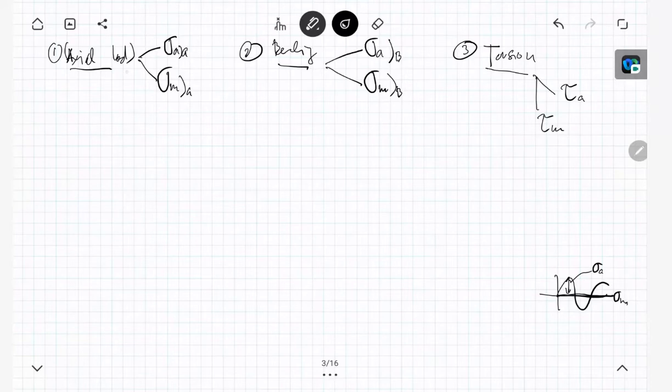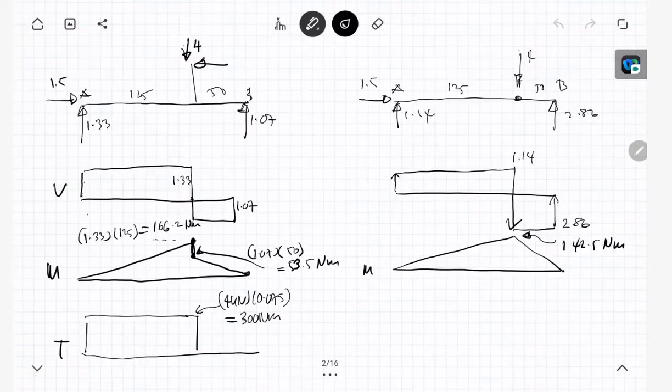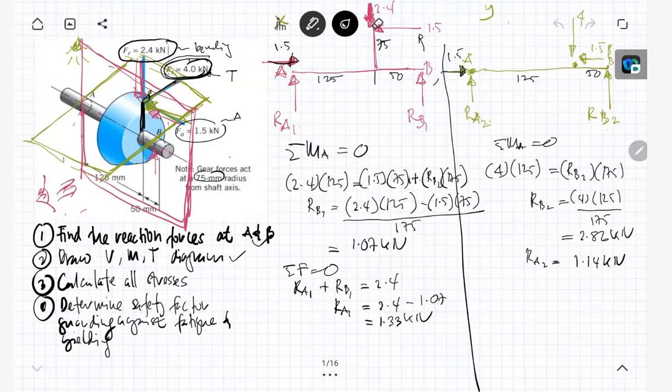So we look at the axial loads. For the axial loads, it has no alternating, no frequency. It's just one direction. Same as the torque, there's no back and forward.